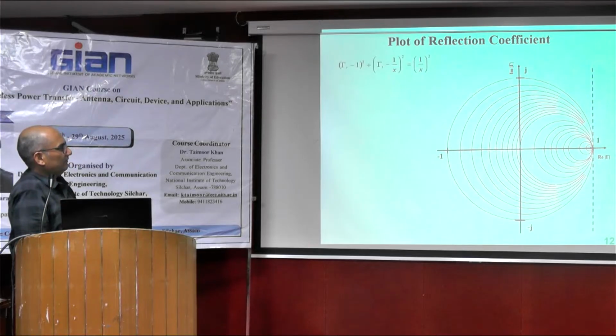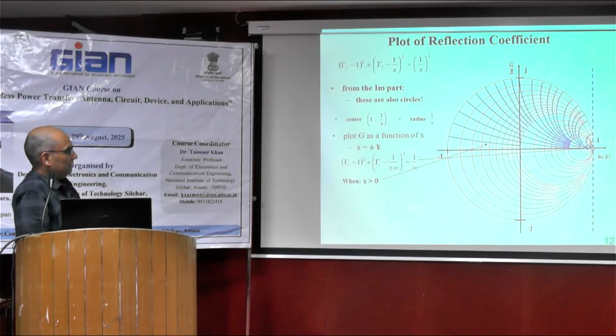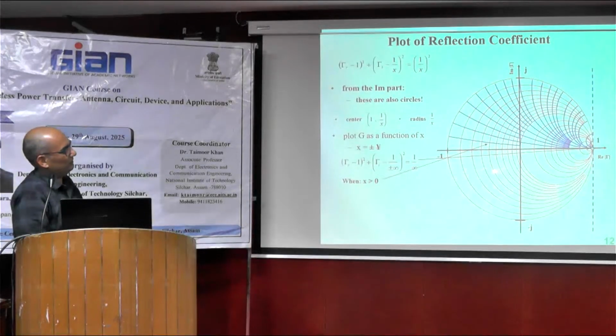Now see what is happening here. From these circles, the radius is this one, for x greater than 0, because we have already seen that red circle concept in the last slide. For x greater than 0, all circles will go in this direction.